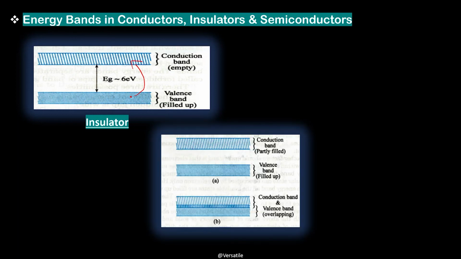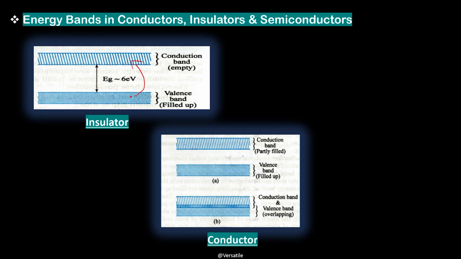Now, in the case of a conductor at absolute zero, there may be two situations. The first one, the conduction band is partly filled and the valence band is completely filled. This happens, for example, in the case of copper. And the second case, the valence band is completely filled and it overlaps with the conduction band.